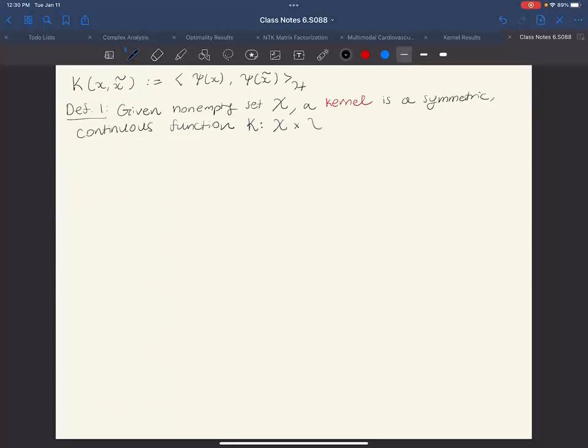It's just taking 2 elements of x, and for now, we're going to consider mapping this to a real value. Okay. Of course, this doesn't help us too much.